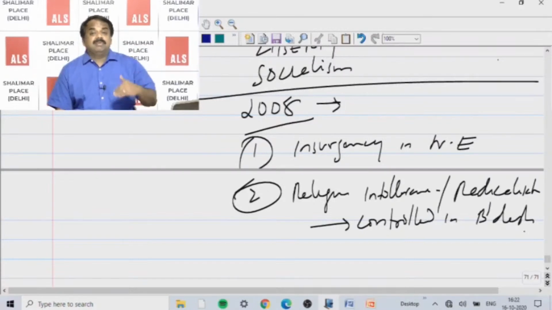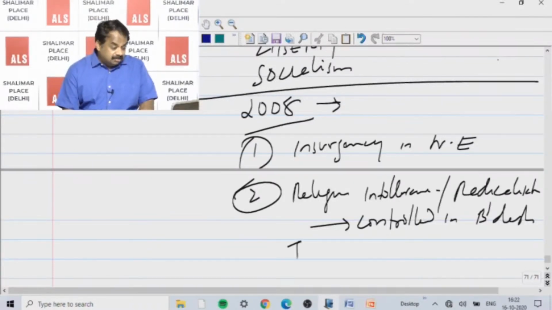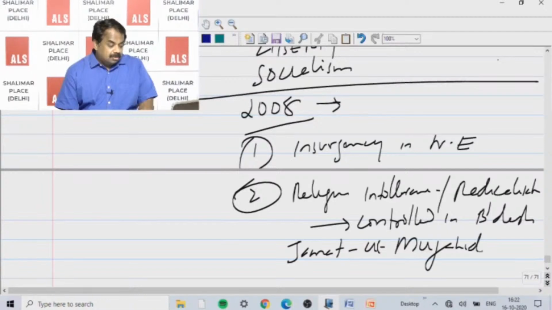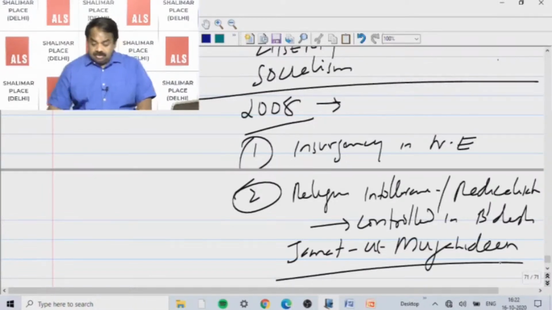India is not a safe haven for these insurgents, or rather these radicals from Bangladesh, especially the Jamaatul Mujahideen, which has been fully controlled.